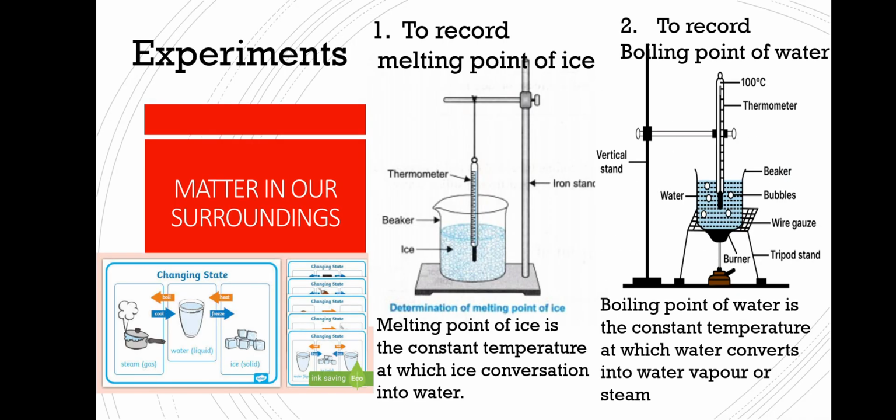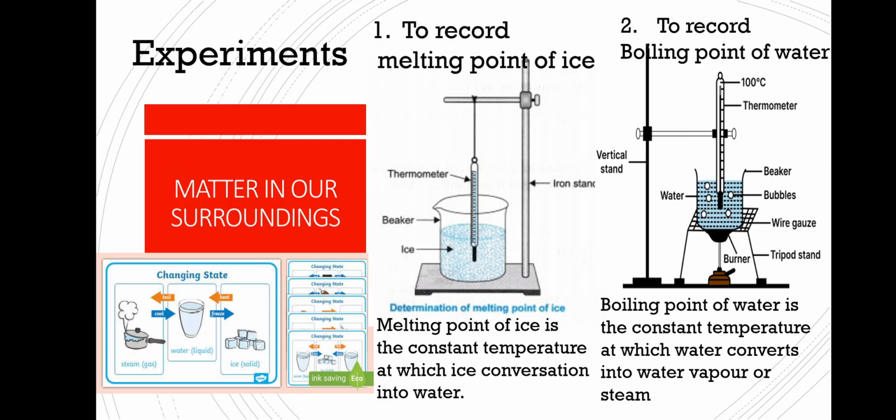Now you will be seeing these experiments. Actually, I am showing you the experiments. Here, in the first experiment, you have to record the melting point of ice. The melting point of ice is the constant temperature at which ice converts into water.